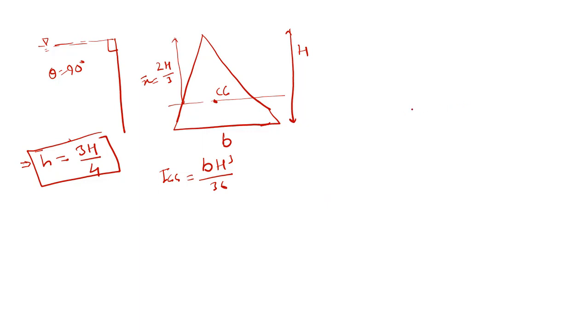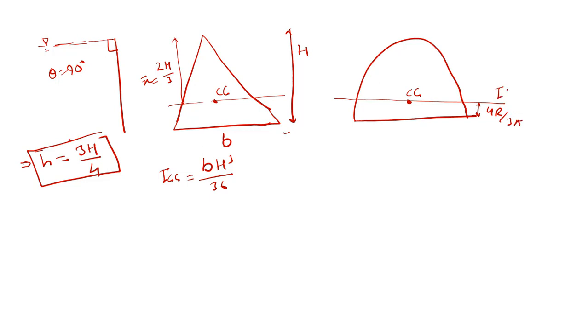Let's suppose instead of this shape, you have a semicircle. How do you solve this? This is the CG. What is the CG distance? 4r upon 3 pi. You can calculate Igg about this, right? You try to see. This is a 12th class concept. You try to see how to calculate Igg for a semicircle. Okay, my friends.